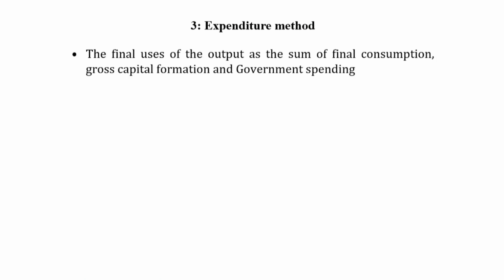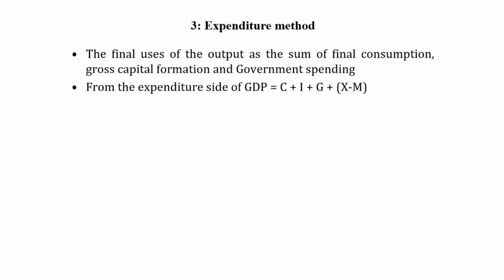Then the third method is called the expenditure method. The final uses of the output are the sum of final consumption, gross capital formation and government spending. So when the income has been generated, the goods and services have been produced, and the equivalent factor income has been generated, then how has this been spent?